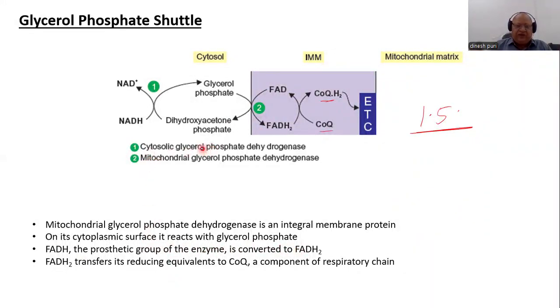So this way, it is simpler in design. Probably that is the reason that this shuttle is present in almost all the tissues, and that includes brain and skeletal muscles, very important as far as energy requirement is concerned.